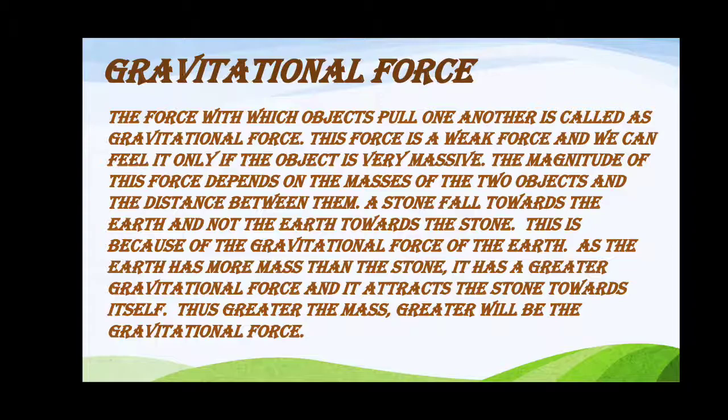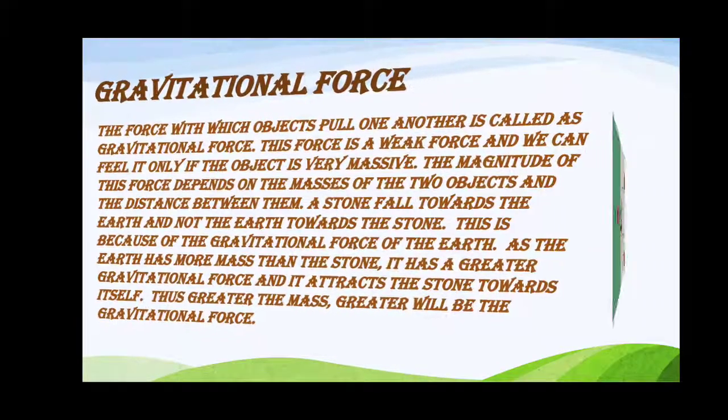And you all know a stone falls towards the earth and not the earth towards the stone. This is because of the gravitational force of the earth, as the earth has more mass than the stone. It has a greater gravitational force and it attracts the stone towards itself. Thus, greater the mass, greater will be the gravitational force.